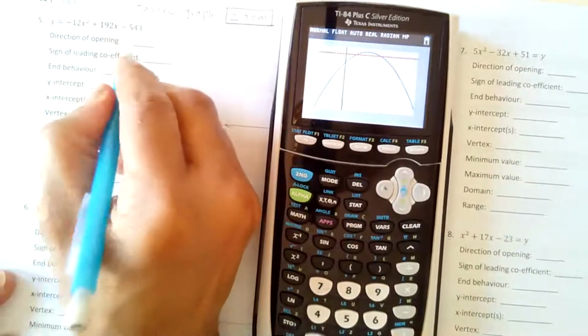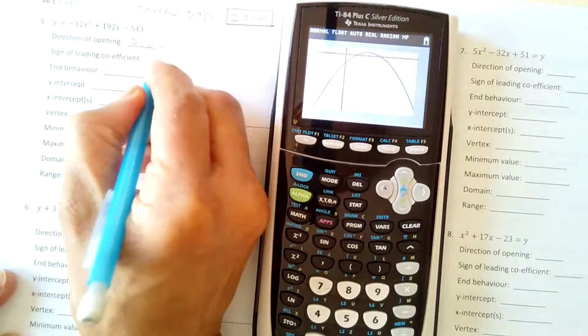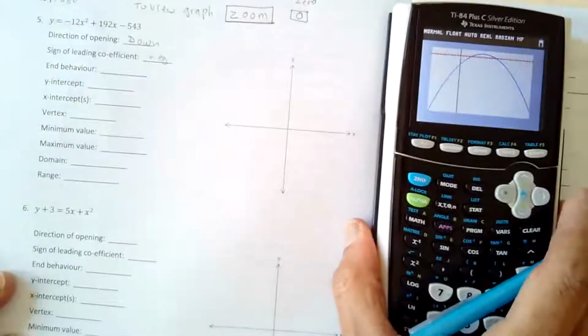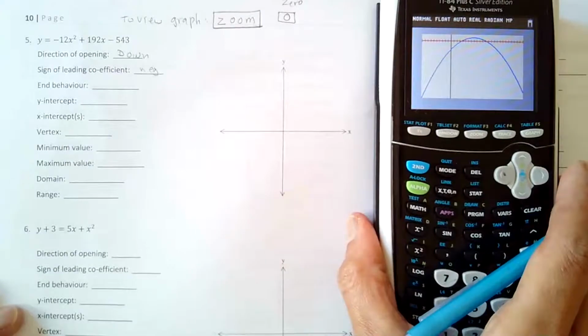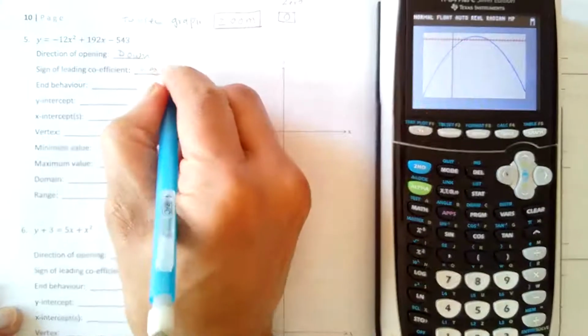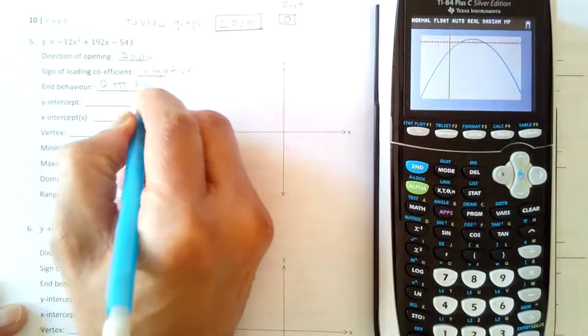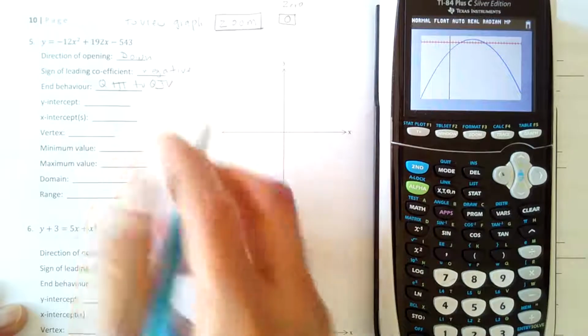We know it's opening down, so the leading coefficient is negative. The end behavior is from quadrant 3 to quadrant 4.